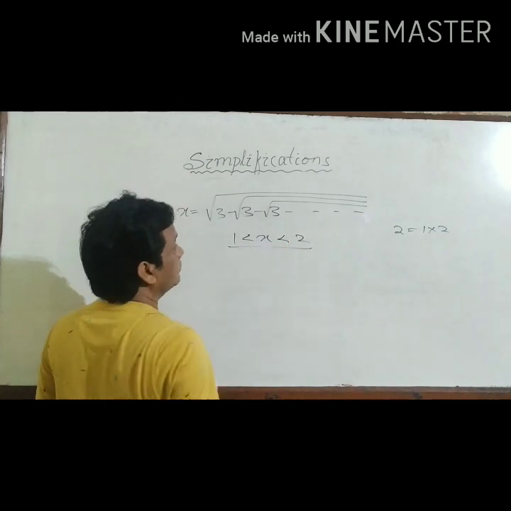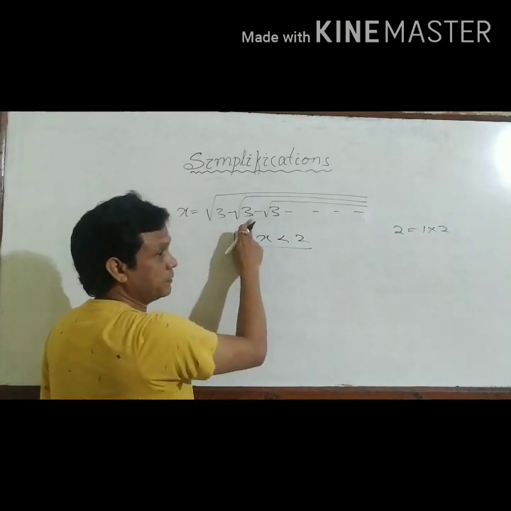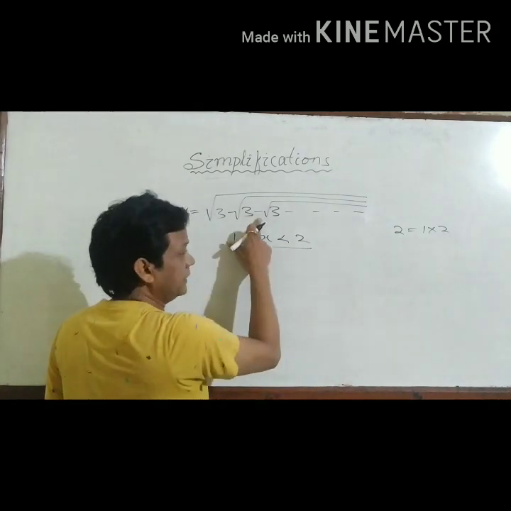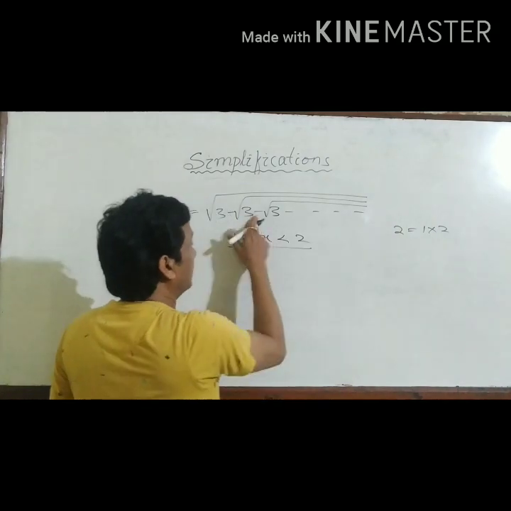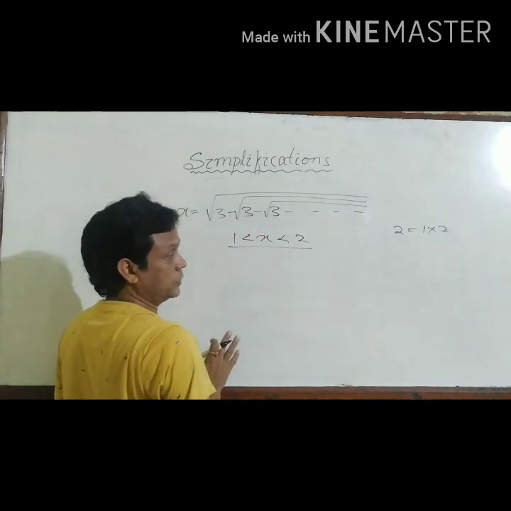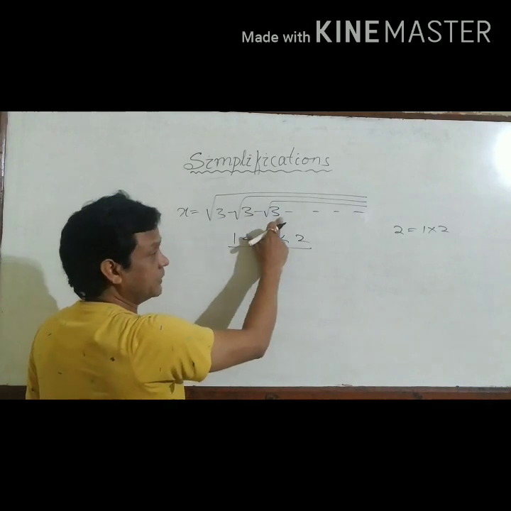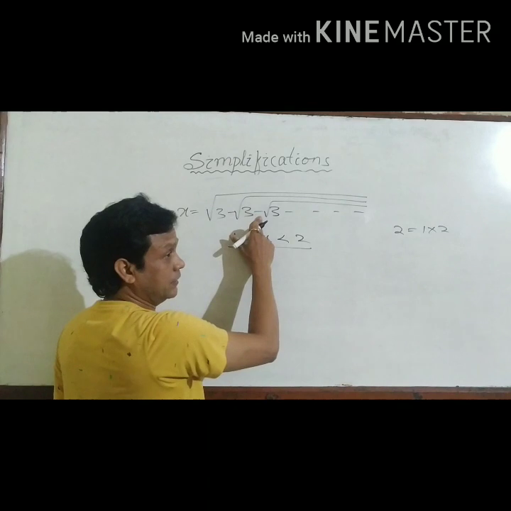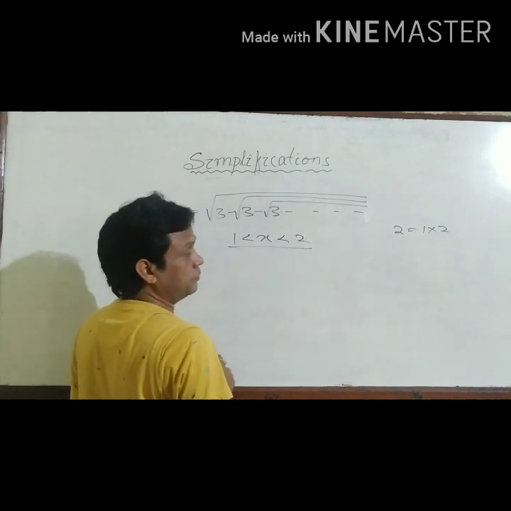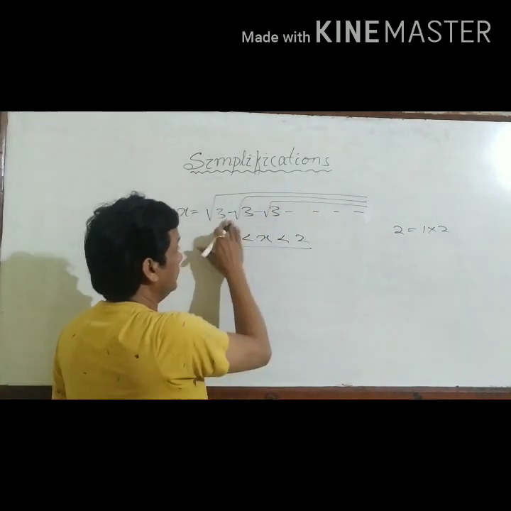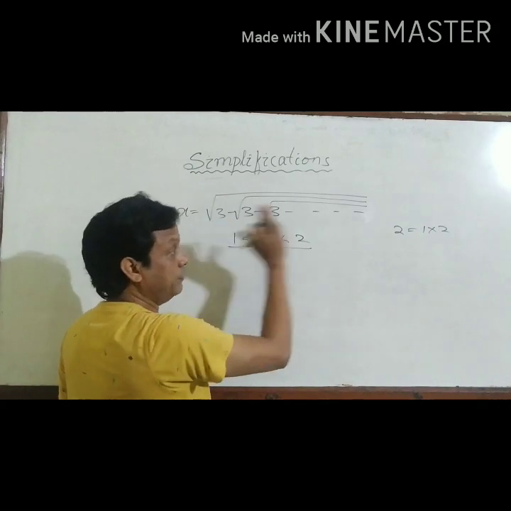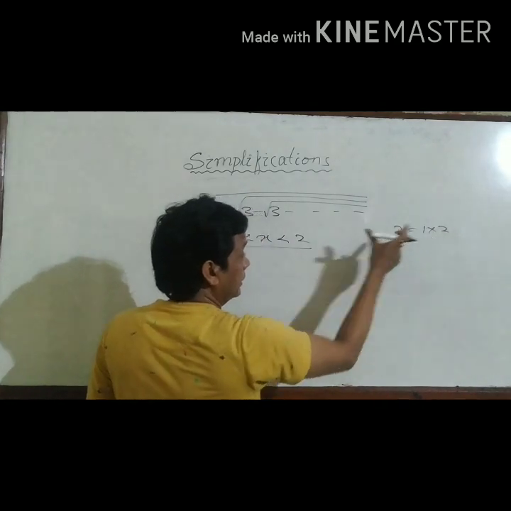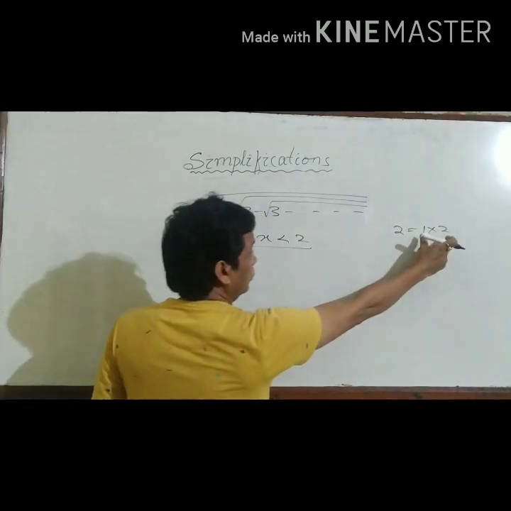greater than 1. That means if the number can be expressed as the product of two consecutive natural numbers, then if the plus sign is there, write the larger one, and if the minus sign is there, write the smaller one. And if this number cannot be expressed as the product of two consecutive integers, then if the plus sign is there, select the number which is larger than the number and can be expressed as the product of two consecutive natural numbers, and the value of x should lie between those two numbers.